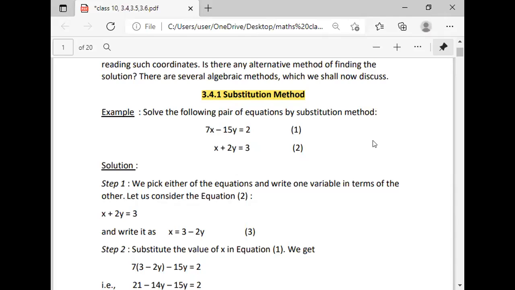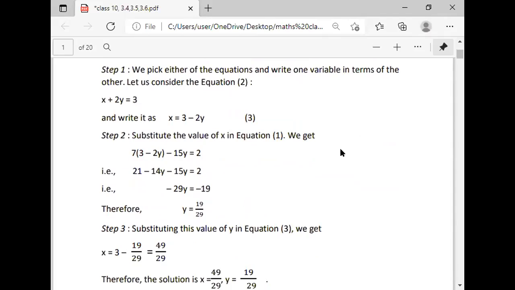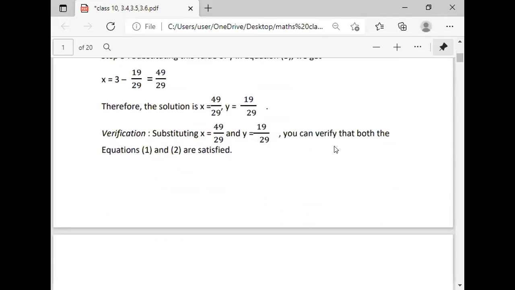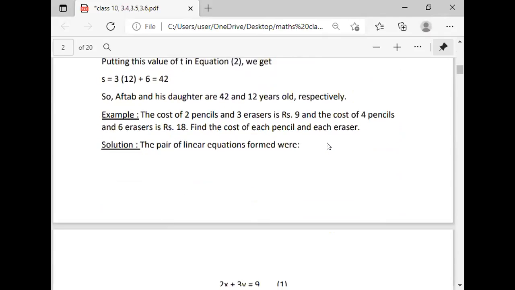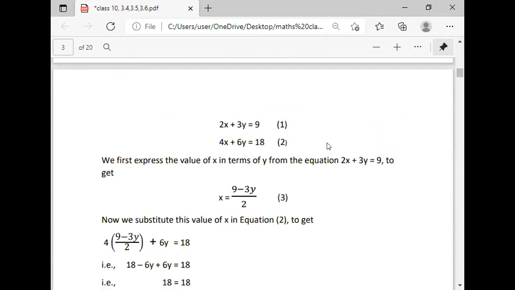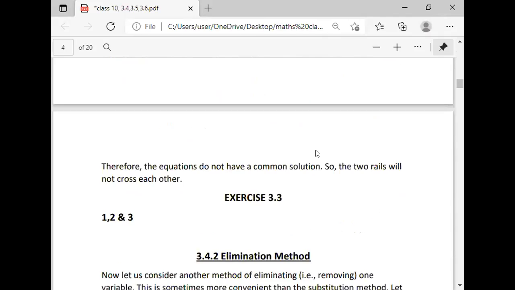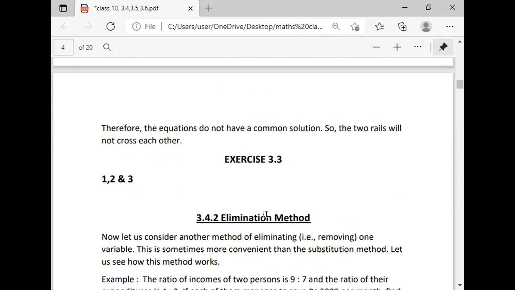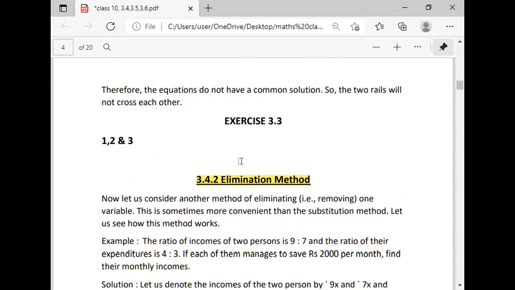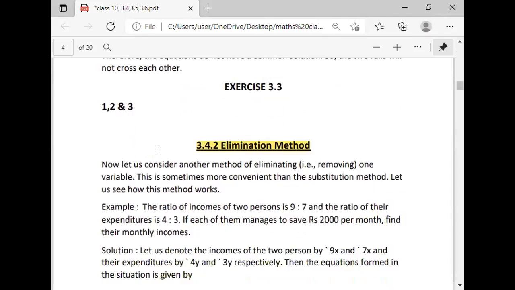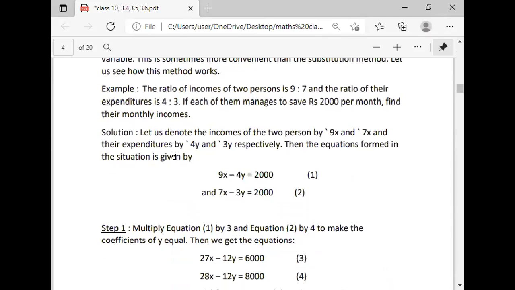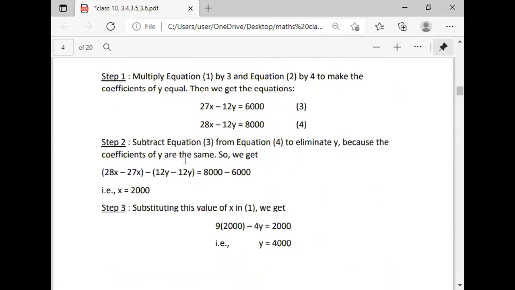We were writing one variable, x or y, instead of the other one, and using that equation, we isolate that and find the answer. We have seen some steps, and examples were also seen, and then we went to the elimination method. Here we are removing or eliminating one variable, and then we are finding the other variable, and so on.